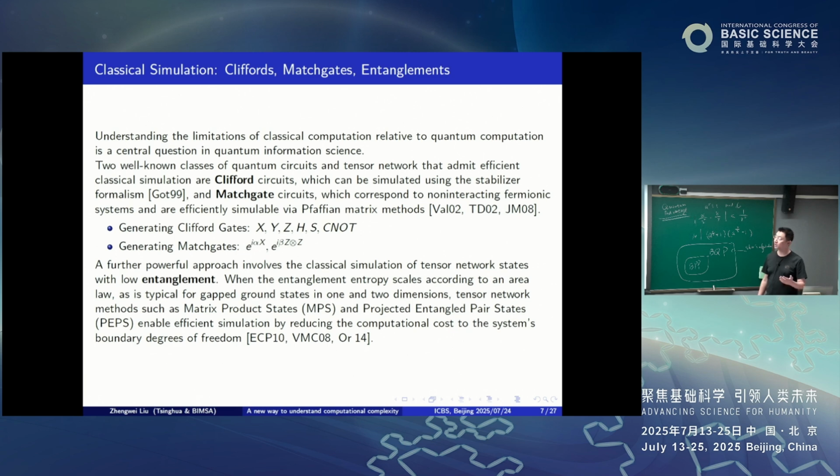It doesn't have any quantum advantage. So those two are the famous classes of quantum circuits that admit efficient classical simulation. Both can be done in polynomial time, O of n to the third power.